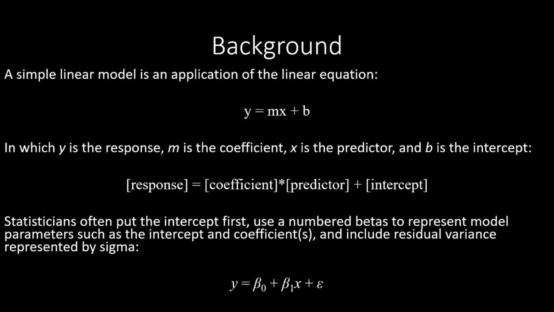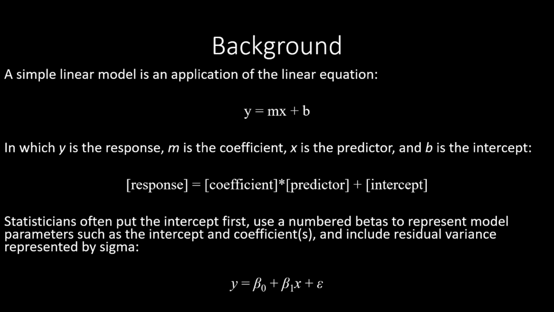If you just put the intercept before the coefficient times the predictor, and then because no model is ever 100% accurate, at least not in ecology, there is some residual variance between the predicted value of response and the actual value of the response, which we capture as residual variance of the letter sigma.